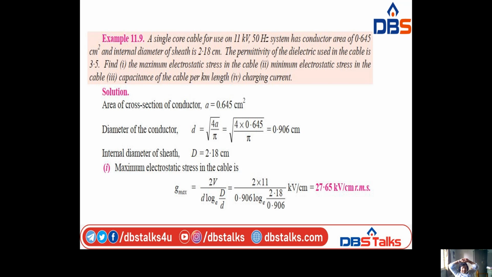So the area of cross section A is equal to 0.645 centimeter square. We know the area of the cable is nothing but pi by 4 d square. Therefore, d is equal to square root of 4A by pi, that is square root of 4 into 0.645 divided by pi, that is equal to 0.906 centimeter.